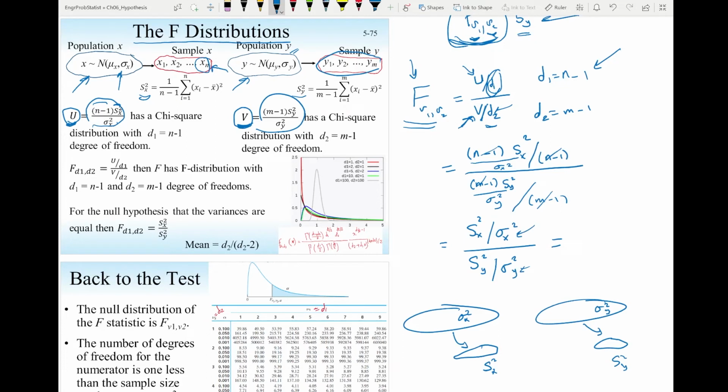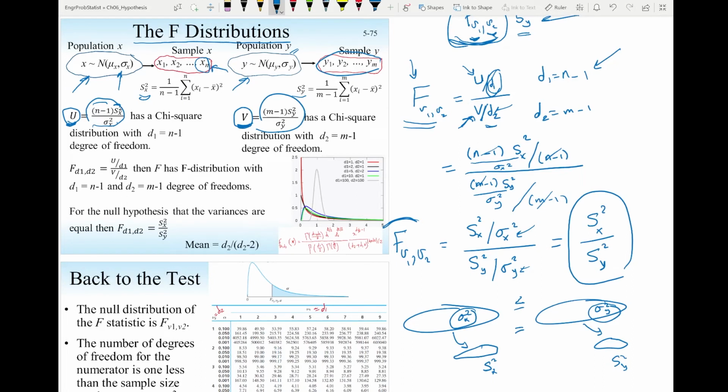Then the test will verify, are they the same or not? So this random variable F with V1, V2 degrees of freedom, which has the F distribution, will be just sx squared divided by sy squared. And this is our test statistic that we will be using to test our null hypothesis about the variances.